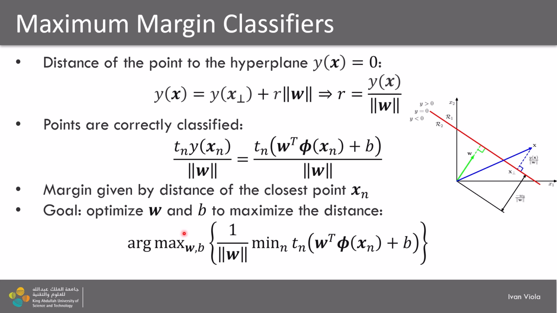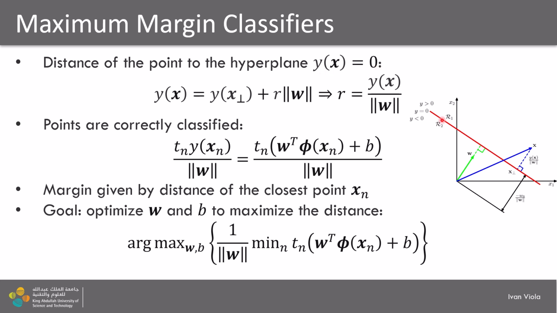Now, let's have a look at how we can formalize this concept of a margin and how we can attempt to maximize it. I'm taking an equation from our previous discussions on classification, where we had a hyperplane, generally in N dimensions, but for the case of 2 dimensions we would have only a line, y of x equal to 0.